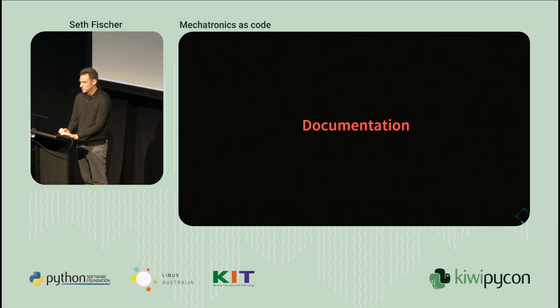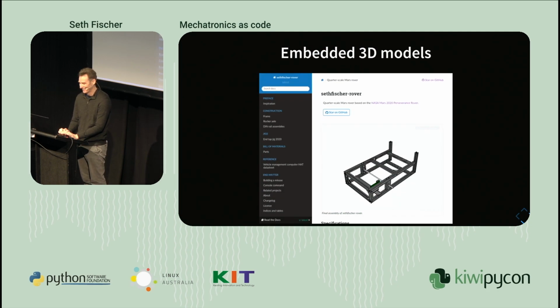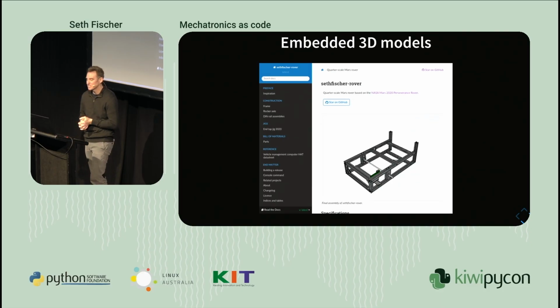And documentation. Documentation's a big part of this. I want other people to build it, even though I haven't built it myself. So I'm using Sphinx, and I've got a Sphinx extension which will generate 3D models from the Python code and embed them in this Sphinx documentation at build time.